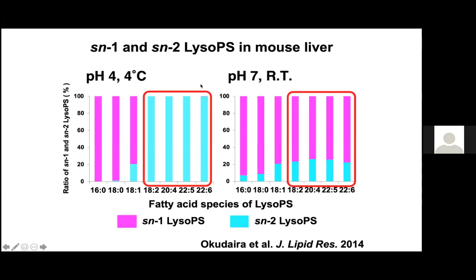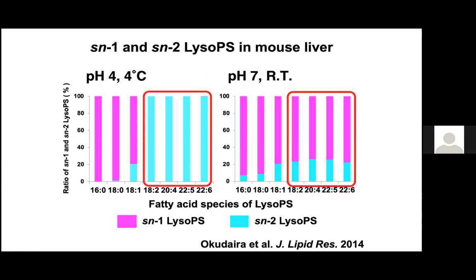So using this condition, we extracted phospholipid from mouse liver and analyzed by LC-MS. As shown in the right panel, when we use the previous method using pH 7 and room temperature condition, most of the lyso-PS with unsaturated fatty acids were detected as SN1 lysophospholipids.